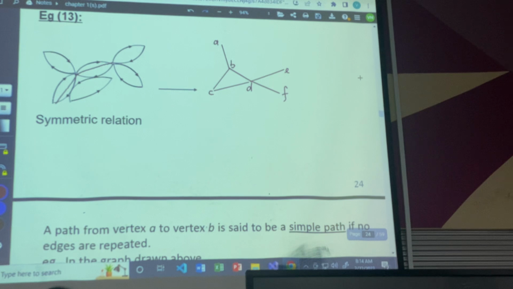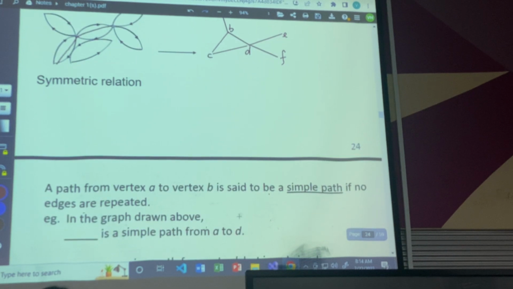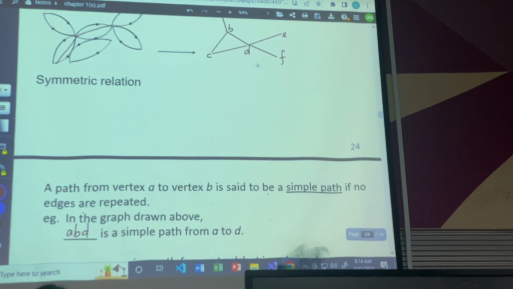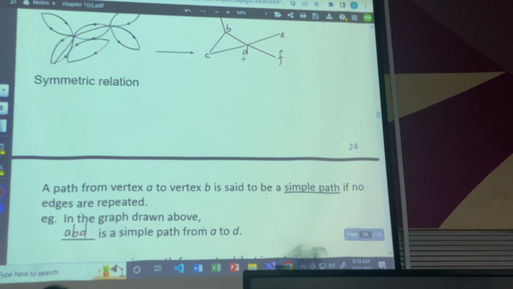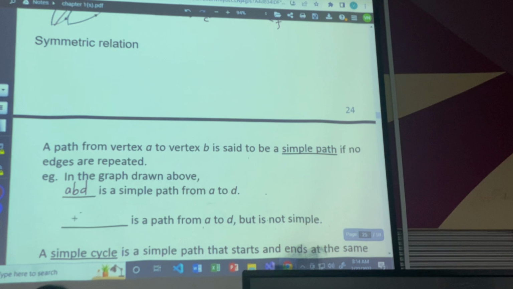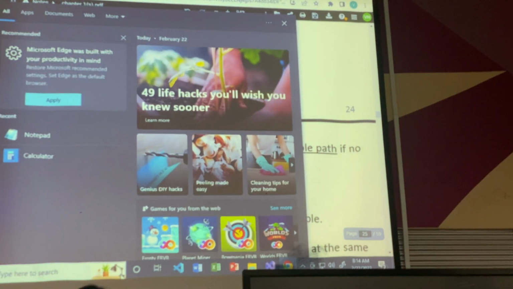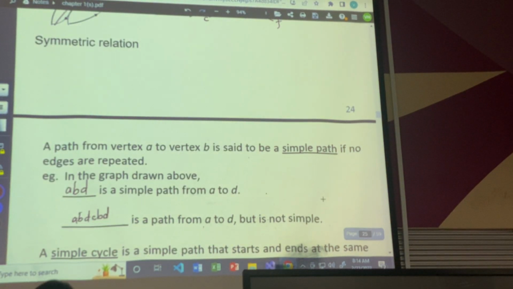So for the simple path example from A to D, you can just write it as A, B, D. And if it is not simple from A to D, you can write it as A, B, D, C, B, D. So we go through B and D twice. Right? So it is not a simple path anymore.